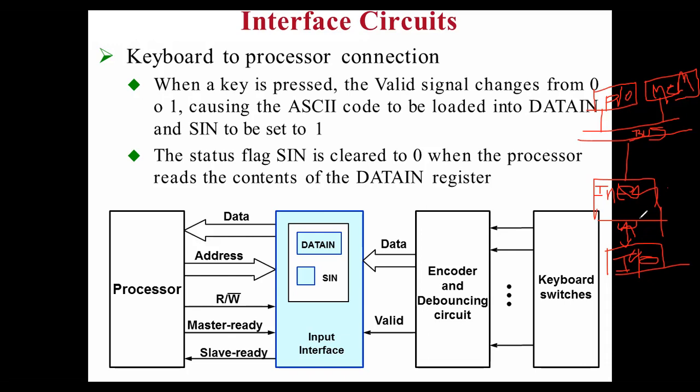Parallel port means between this interface circuit and IO devices, we are transferring all the data bits simultaneously. This is the IO device, and this is the interface circuit.